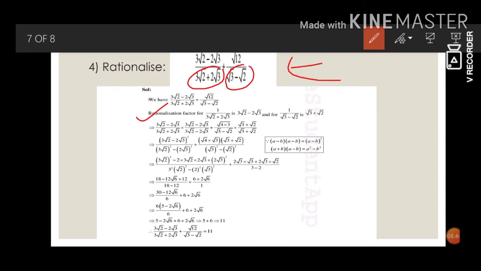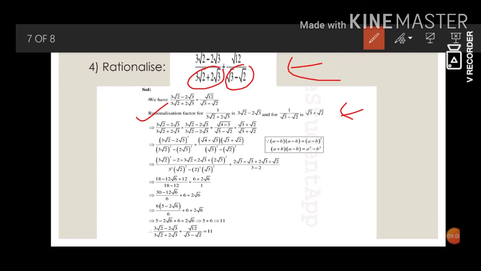So the rationalizing factors are, for 3 root 2 plus 2 root 3 it is 3 root 2 minus 2 root 3, that is the denominator's conjugate. Again, root 3 minus root 2's conjugate is root 3 plus root 2. So these are the two conjugates. Now we will multiply the given numbers with their conjugates.